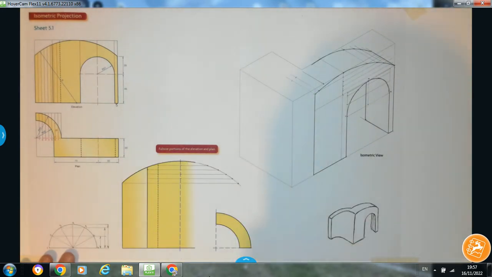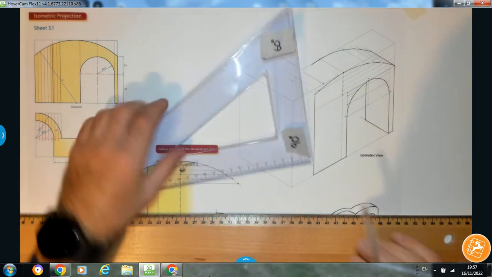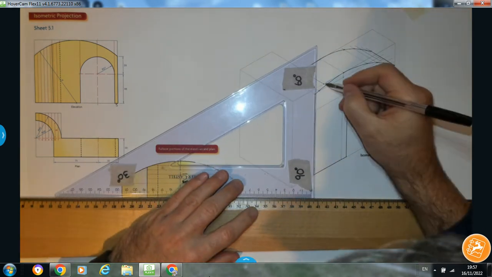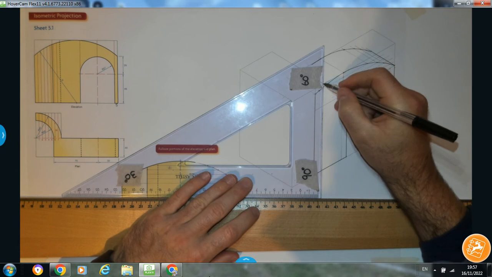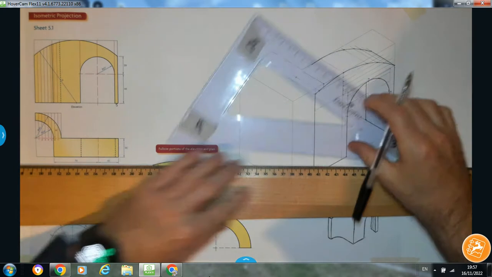And just checking, should I have marked it along there? And it should actually go down a little bit, I've just realized. So from there, I should have probably brought it down, because the curve will be going the same distance at the back, and that's actually what I should have done.